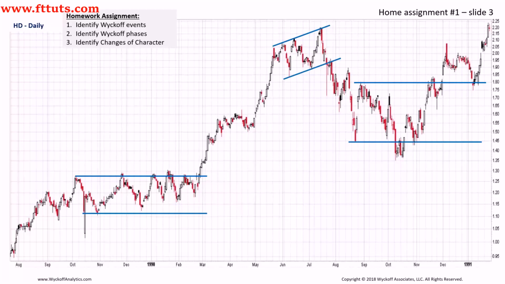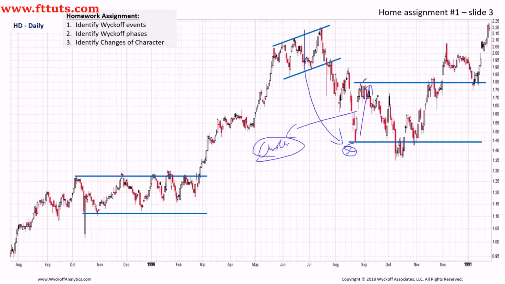Thank you. Then let's look at the last trading range. This one is a little bit difficult, so I'm going to go through this myself. We have a downtrend, clearly defined climactic action, and a clearly defined change of character in the next rally.